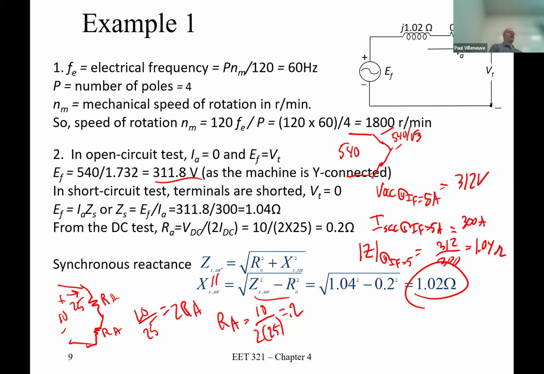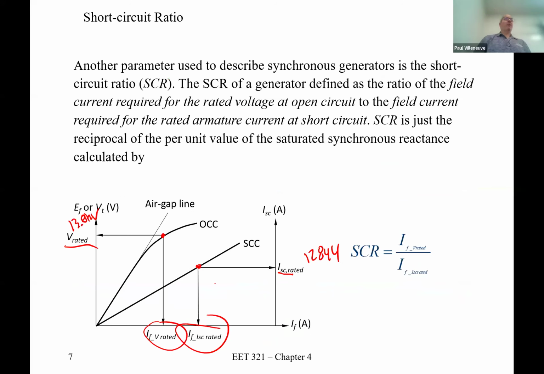Now, there's one other thing that's a little subtle in here that might not be obvious to see. Why did I call that saturated? Any idea why I called it saturated? Well, the nominal voltage of the machine is here, right?